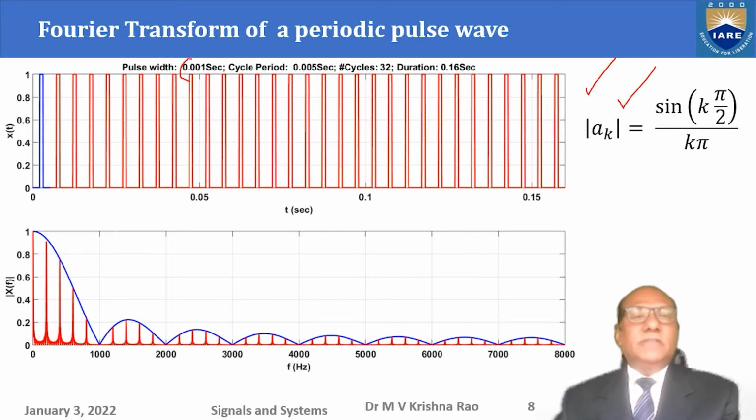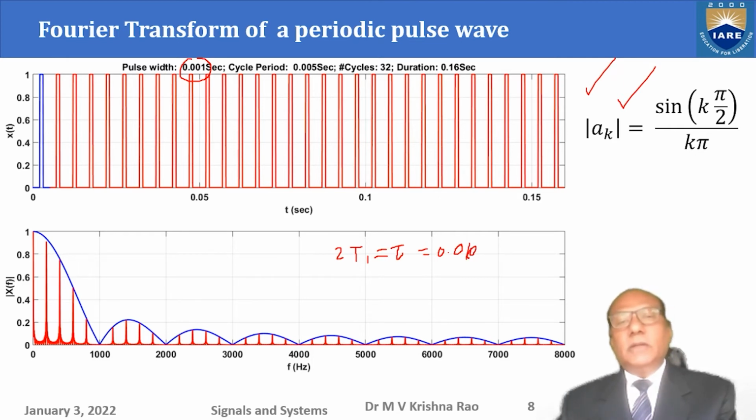And here, what is here? Pulse width, I am calling this as pulse width. Earlier it was 2T1, I will give a name as tau. I call it tau. So this is equal to 0.001 seconds.